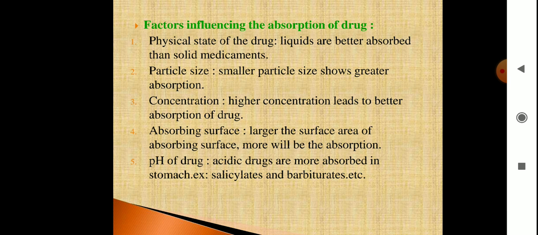If the surface area is smaller, then the absorption will be less. And pH of the drug: acidic drugs are absorbed in the stomach. For example, salicylates and barbiturates are acidic drugs which are absorbed in the stomach. So according to the pH of the drug, they can be absorbed. These are some of the factors which influence the absorption of the drug in the body.